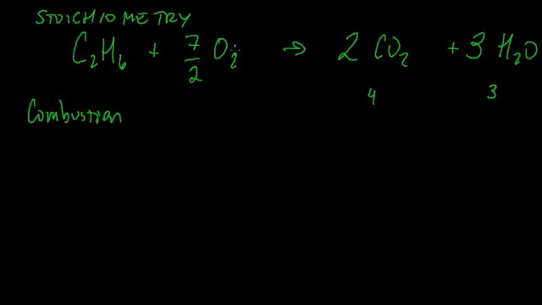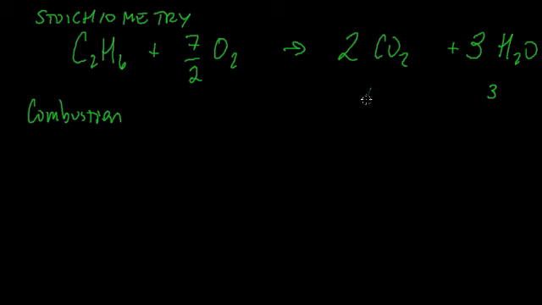We can't split an oxygen molecule in two just for the sake of doing this reaction. If we could, then we could just alter any of these formulas to our will, but that's not how it works. But this is balanced. 7 halves of these gives us 2 of these and 3 of these.